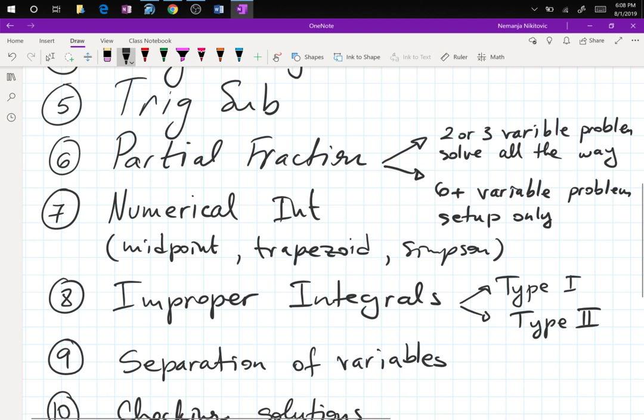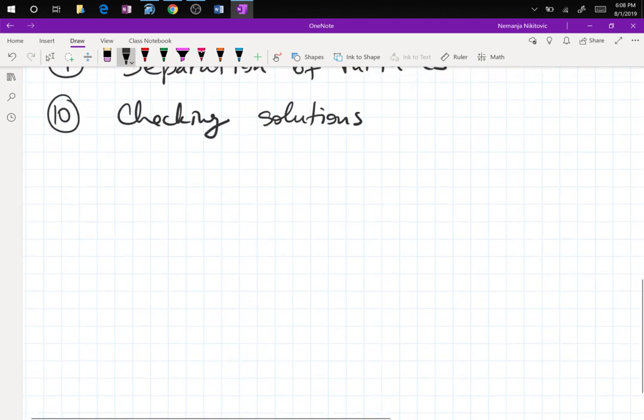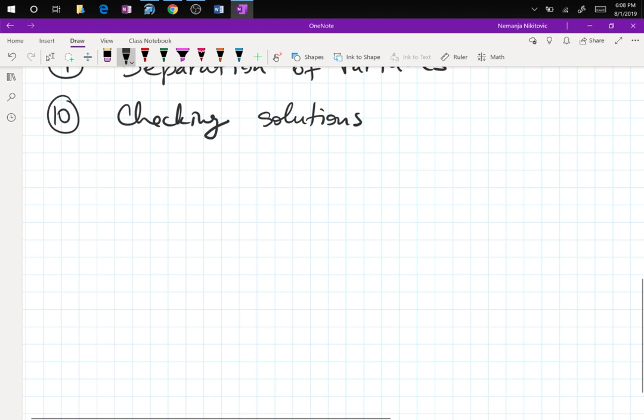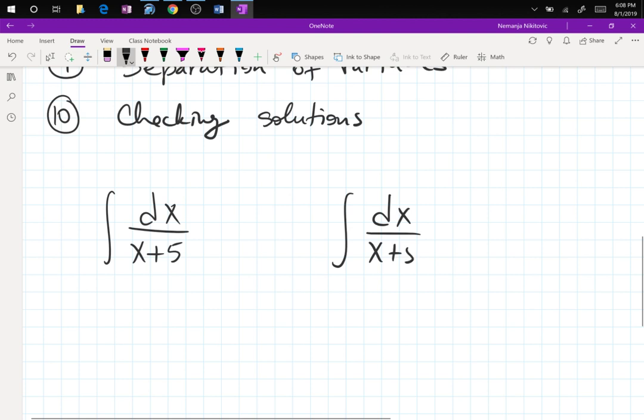I said that up to this section, we had to be careful as instructors not to give you a problem that you can't solve. So the difference between integral of dx of x plus 5, the integral dx of x plus 5.